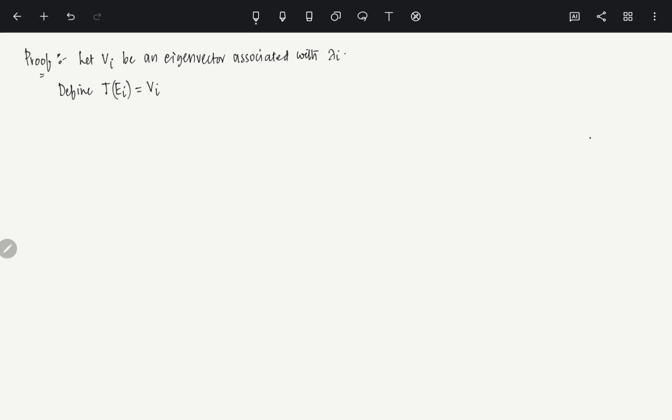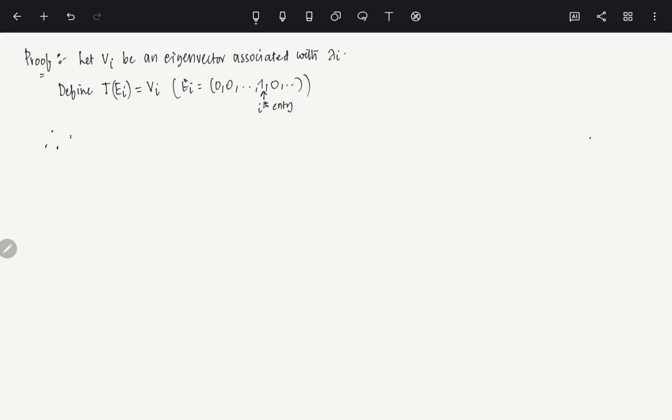So when you define T of Ei to be Vi, what is Ei? Ei is nothing but 0, 0, 1 on the ith coordinate entry, and then 0. This is the ith standard basis vector. Now if you write it like this, what is the matrix T?